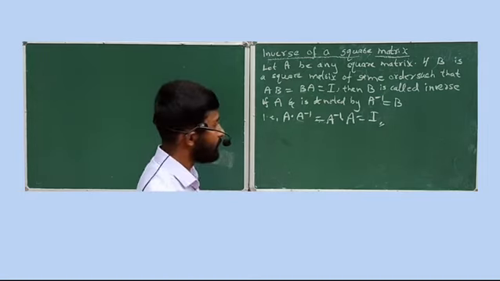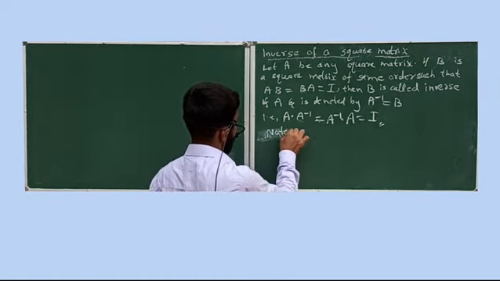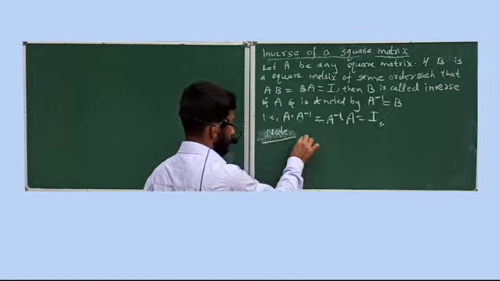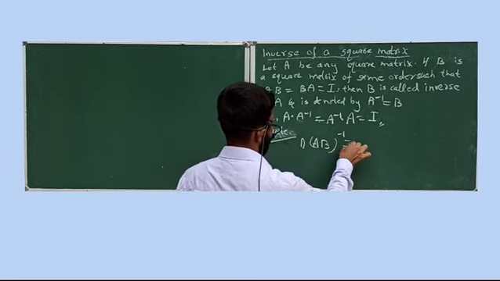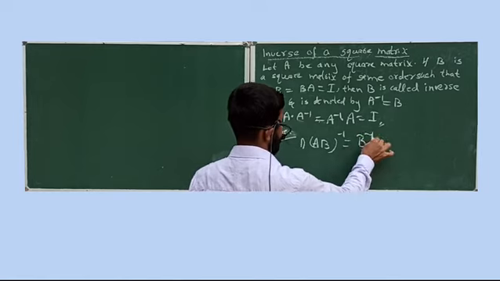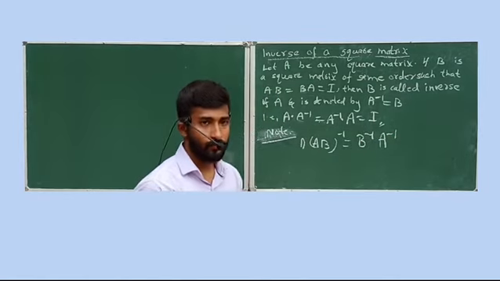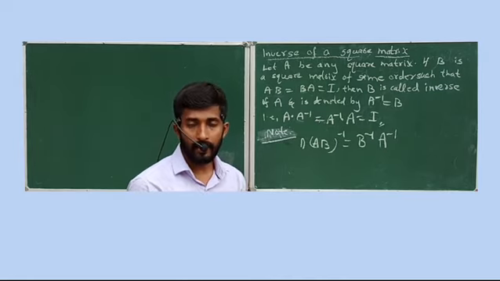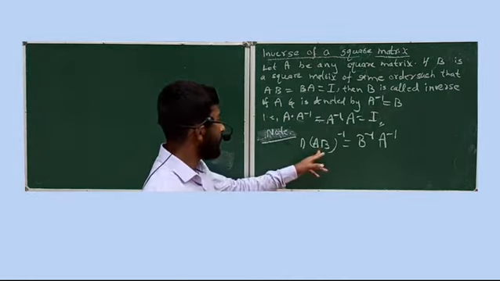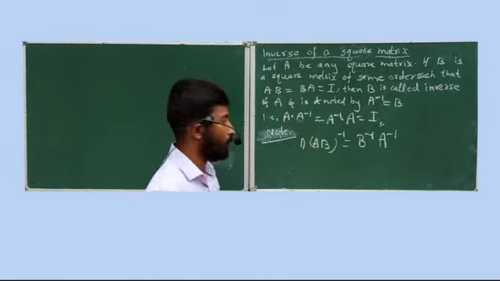By this definition, two notes. First one, AB whole inverse is equal to B inverse into A inverse. It's like AB whole transpose, which is B transpose into A transpose. Similarly, AB whole inverse equal to B inverse into A inverse.